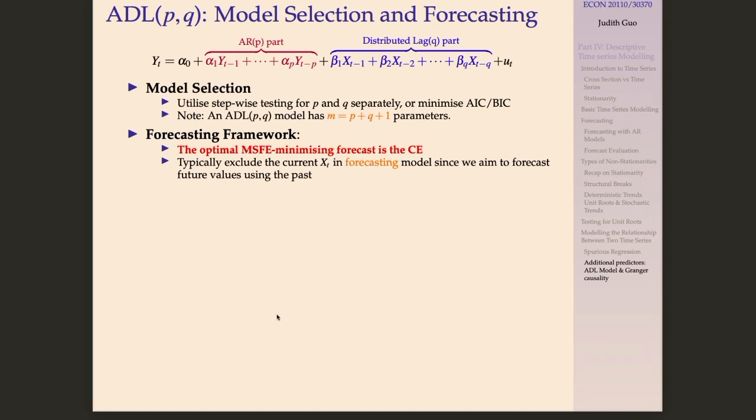Remember we aim to minimize the MSFE, and we have already established that regardless of the model we use to model Y, the optimal MSFE-minimizing forecast is always the conditional expectation.